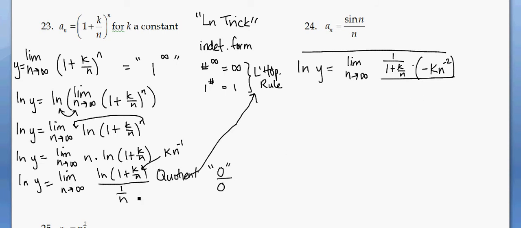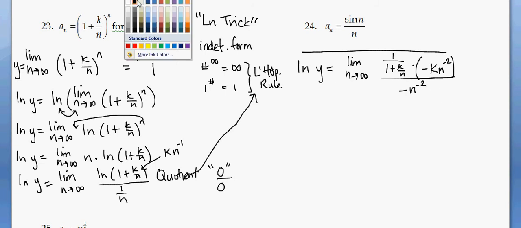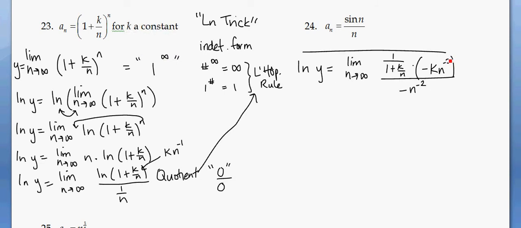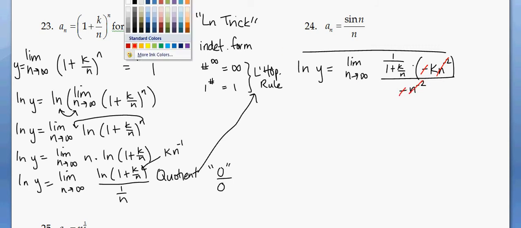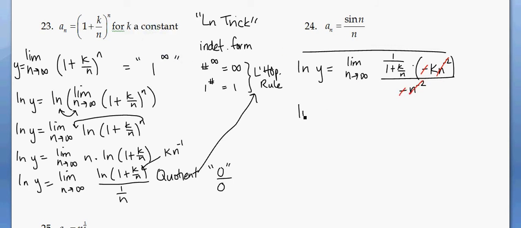And then the derivative of the denominator, again, this is just n to the negative 1. So the denominator's derivative is negative n to the negative 2. So we get the factor of the negative n to the negative 2. Those cancel. And so we're just left with the natural log of y is equal to the limit as n goes to infinity of k is left, right?